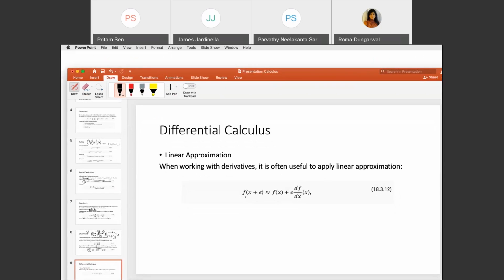For example, there is a function of x. We want to apply some change to this value. Then the function can be approximated by the function itself plus the derivative of the function, and the change is multiplied with it.